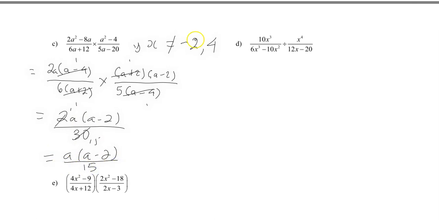So as long as a is neither negative 2 nor 4, okay, try a is 0 again. I'm using 0 because it's just easy to work out, right? If a is 0, this whole thing is just 0, but that'll be 0 divided by 12, which is 0, and that'll be negative 4 divided by negative 20.